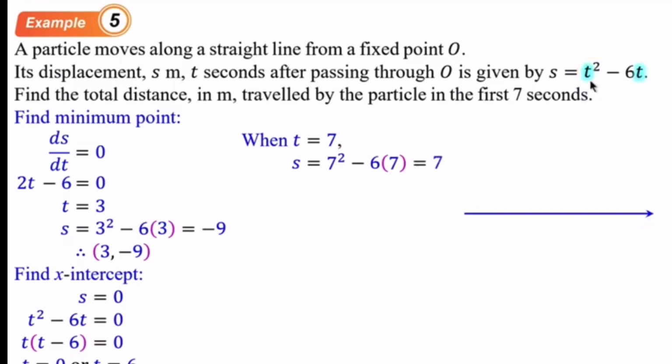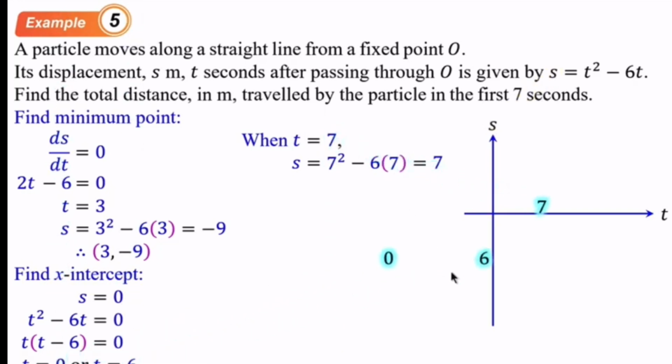Now let's try to sketch the graph. We will label t as the horizontal axis and s as the vertical axis, and then we will plug in all the important points so that we can sketch the quadratic function.